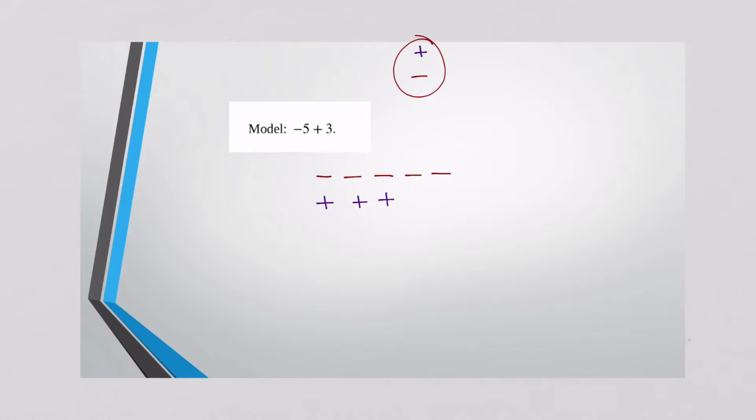This creates 0 right there. So right here with this problem, there's a 0, there's a 0, and there's a 0. So what am I left with? I'm left with 2 minus signs, and so my answer here is -2.